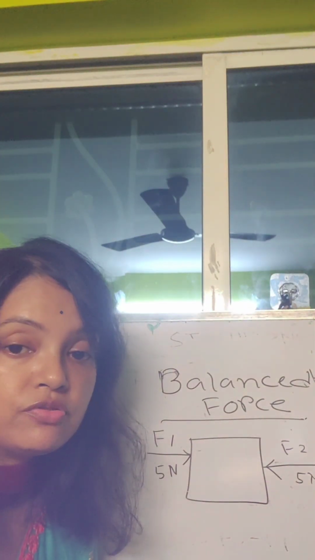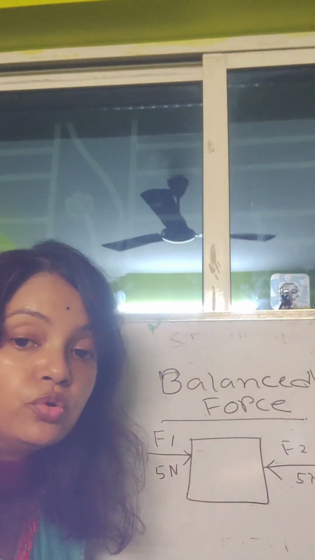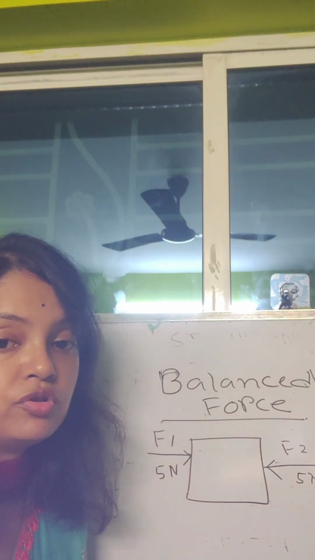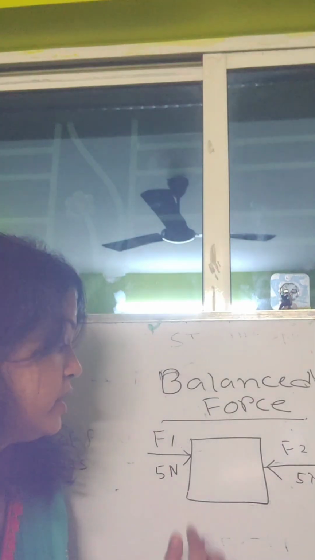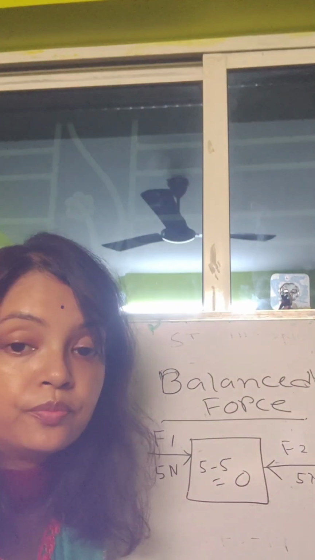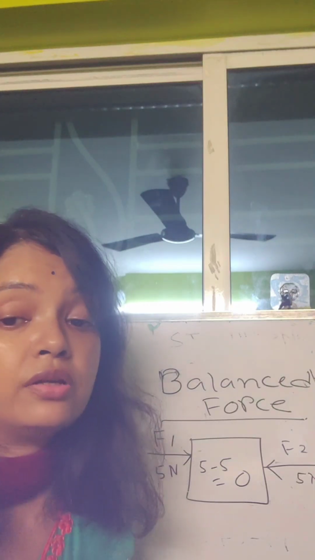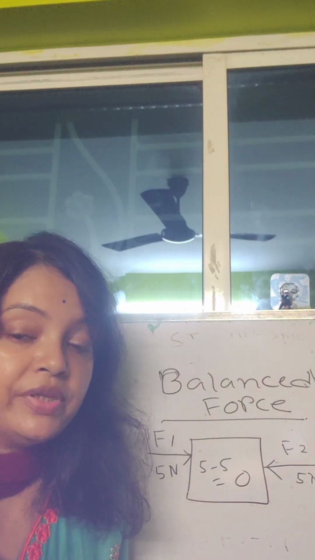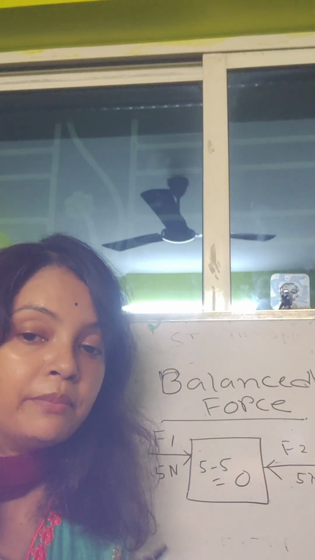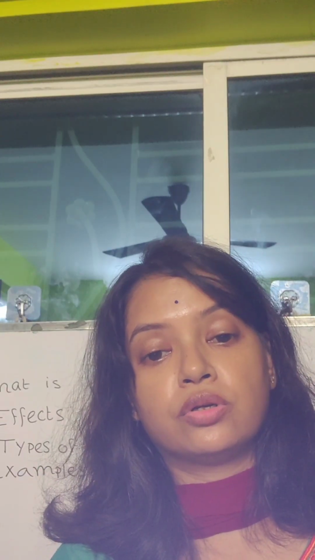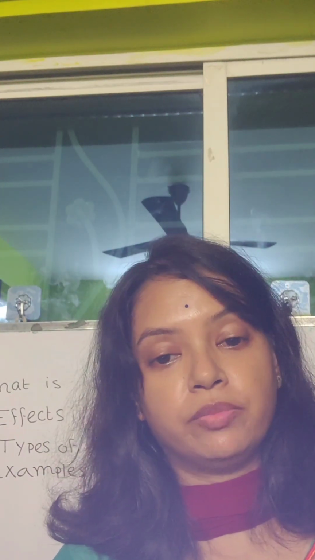Now what will be the resultant force? We have already said that forces working in opposite directions, the resultant force will be the subtraction. So here the resultant force will be 5 minus 5, that is 0. In this condition, we are applying the force, but there is no movement of the box because the force is getting nullified, since the resultant force is 0, so no action will be shown.